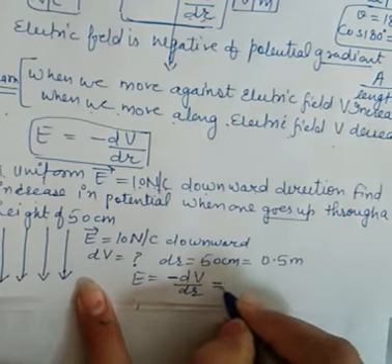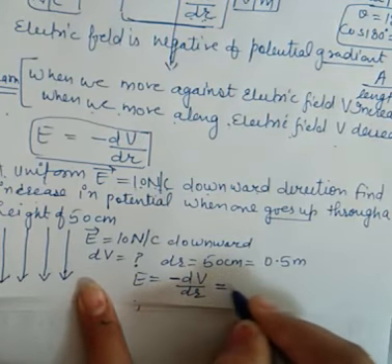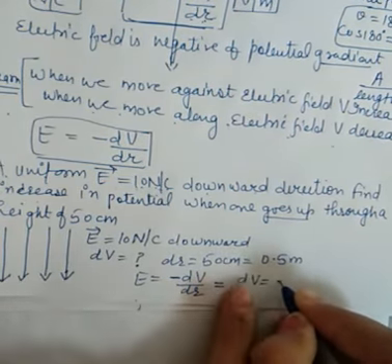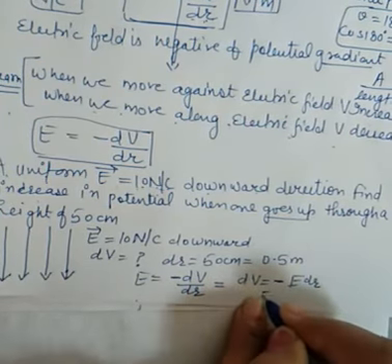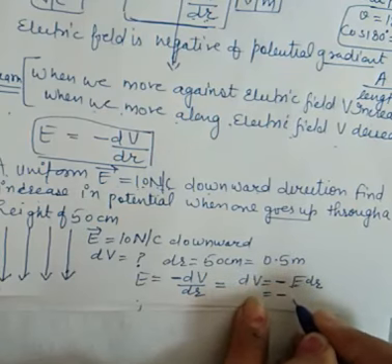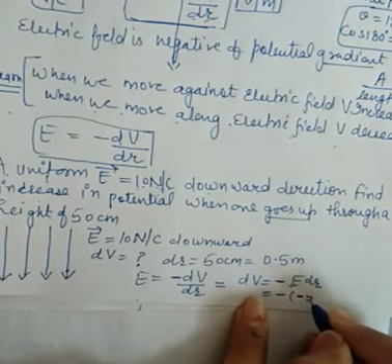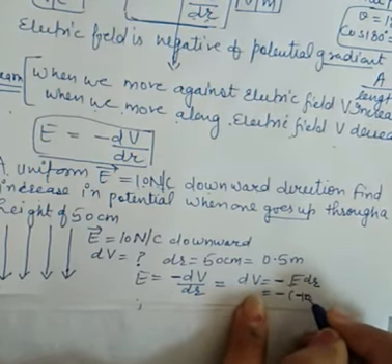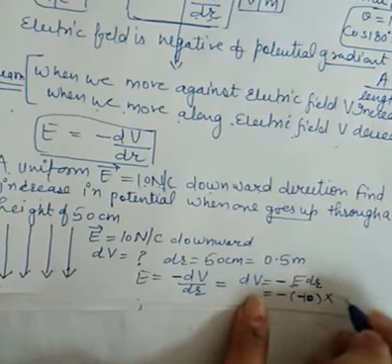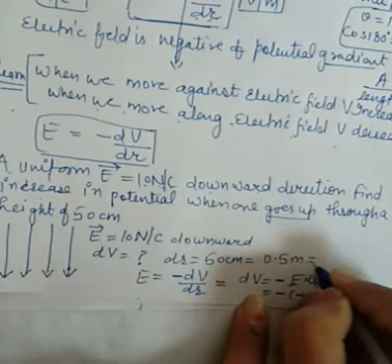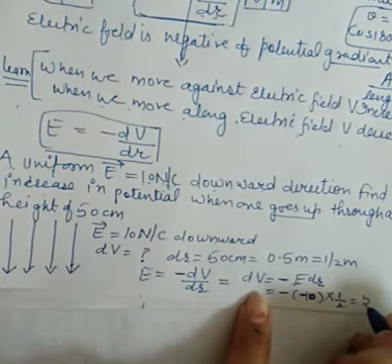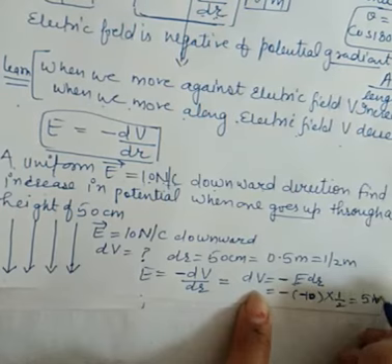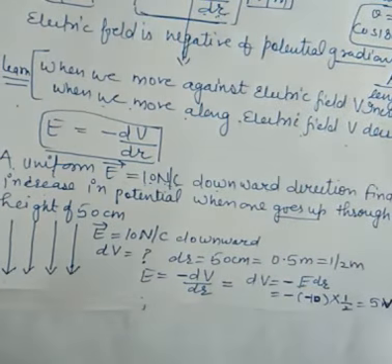Okay, so what is the value of dV? dV is equal to minus E dr. E and dr are in opposite direction, so I am taking here minus of 10. Electric field is 10 and dr is half meter. On cancellation, I will get the result 5 volt. So what is the potential difference? 5 volt.